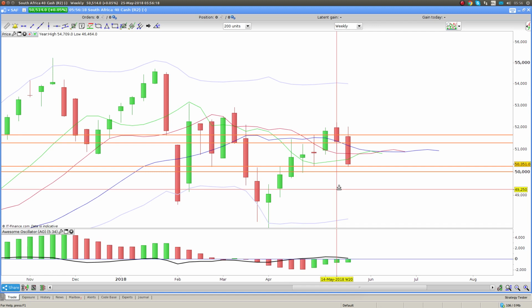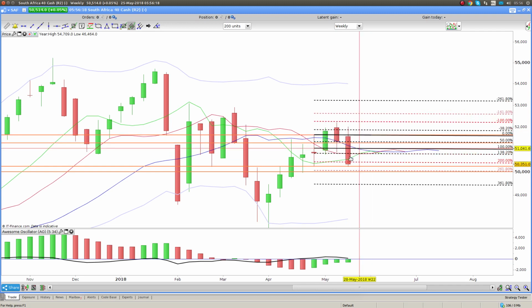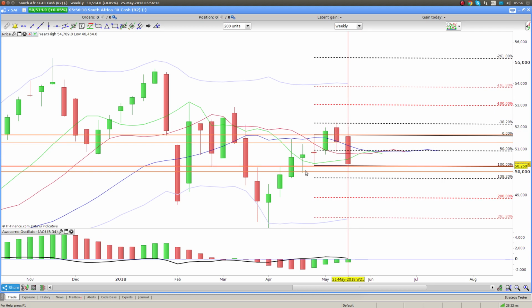So the why I'm watching it, because this range bar here has already broken to the upside, and normally we come and test the 50% of the range, which is there, and then we accelerate up to the 100 and then pull back, and then the 161 and then pull back, and then the 261.